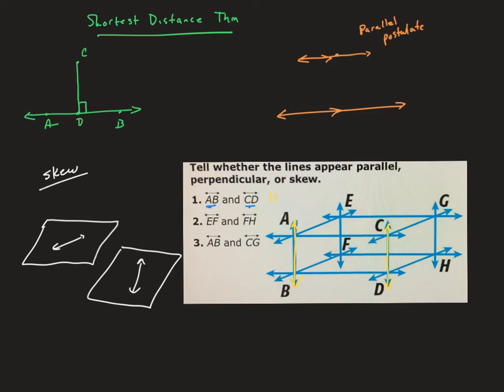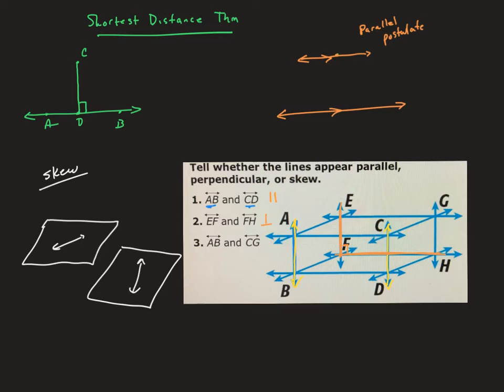We don't know exactly because there are no markings on here, but they appear to be. Then we have line EF, which looks parallel to the other two lines we just identified, but line FH appears to be perpendicular. So that one is going to be perpendicular.